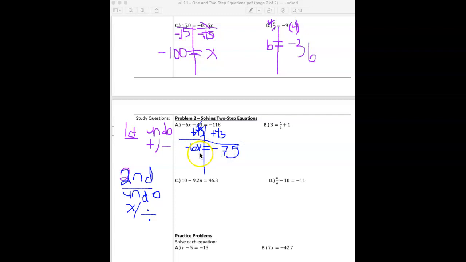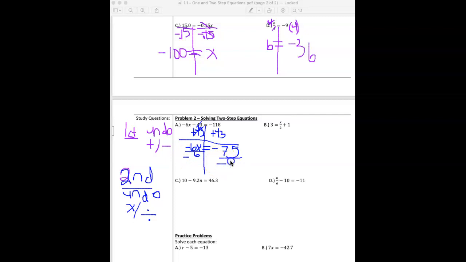I'm going to divide both sides by negative 6 and see what I get. Negative 75 divided by negative 6, that's definitely going to be a positive number. A negative number divided by a negative number is a positive number.